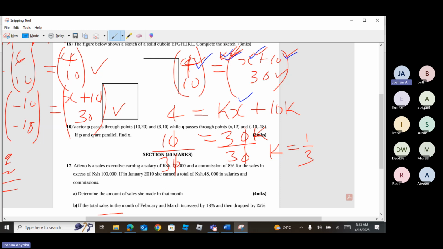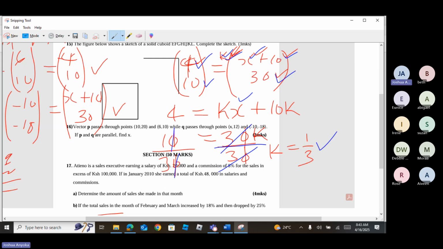Then we have the lower 10 equals to k times 30, so 30k. Let's divide by 30 both sides. So we have k is equal to 1 over 3.